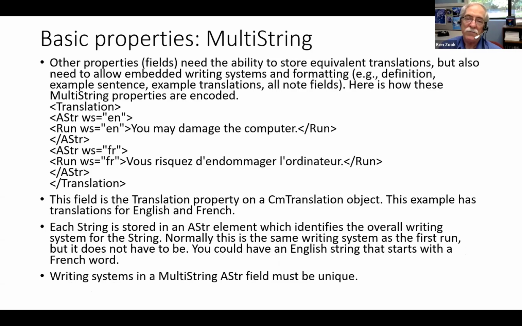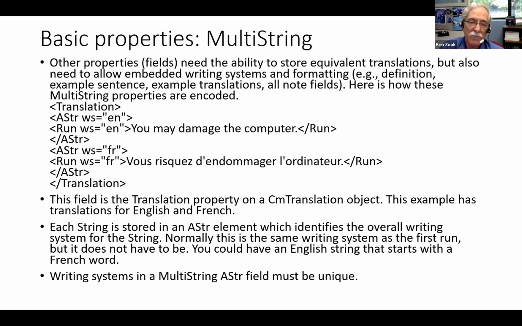Other properties or fields need the ability to store equivalent translations, but also need to allow embedded writing systems and formatting, like definitions, example sentences, example translations, all note fields, and various other ones. So here's how this would be stored in a multi-string property. This would be a translation property on CmTranslation.